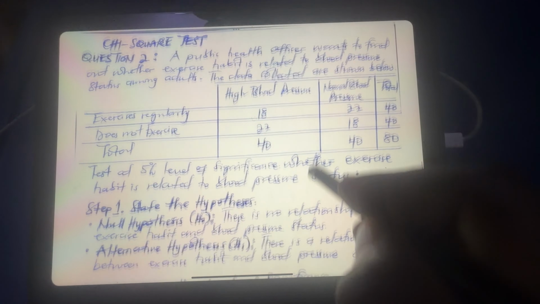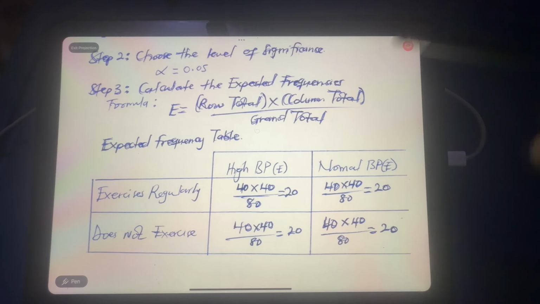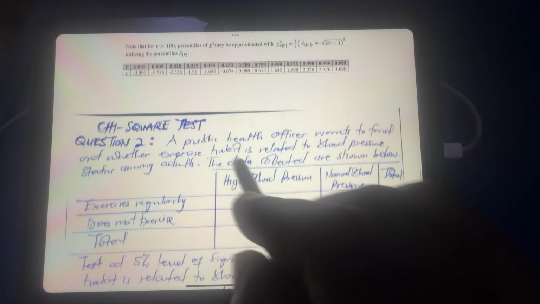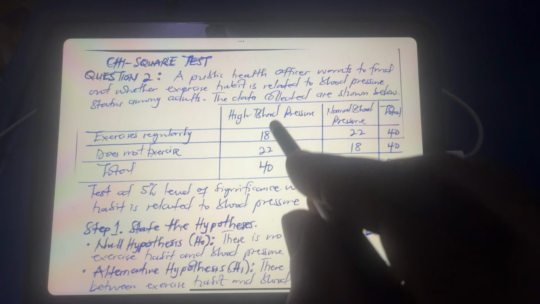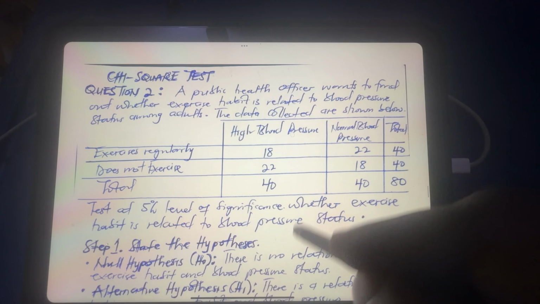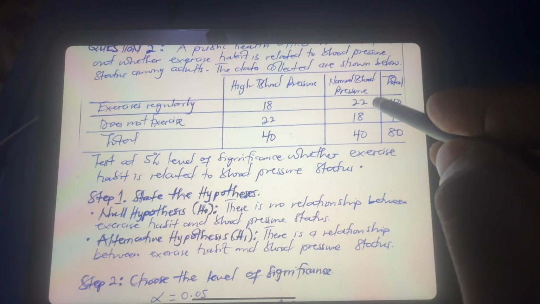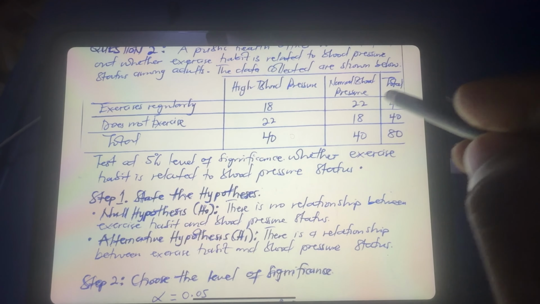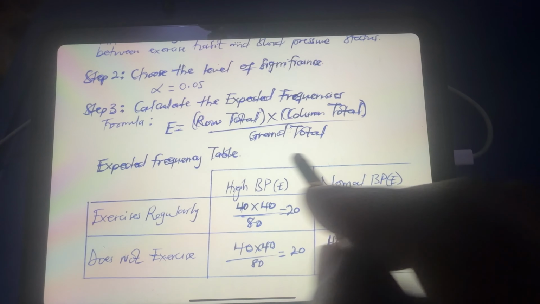The reason we calculate it is that we want to have an idea how these frequencies would look if there was actually no relationship between the two variables, the exercise habits and the blood pressure status. That is the reason why we calculate the expected frequencies.